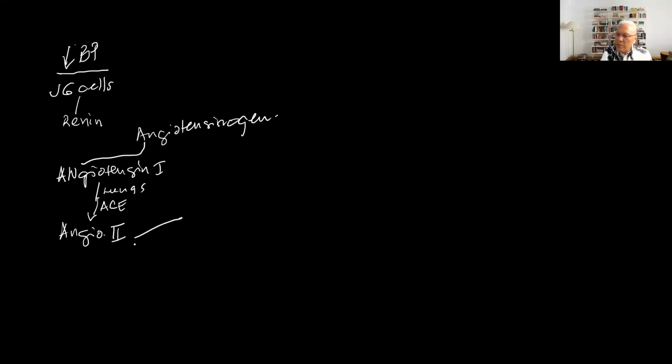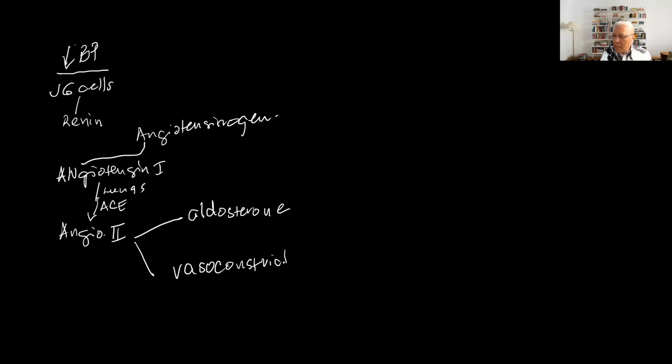And angiotensin 2 has two effects. One, it causes the release of aldosterone from the adrenal gland, and the other is going to be vasoconstriction.